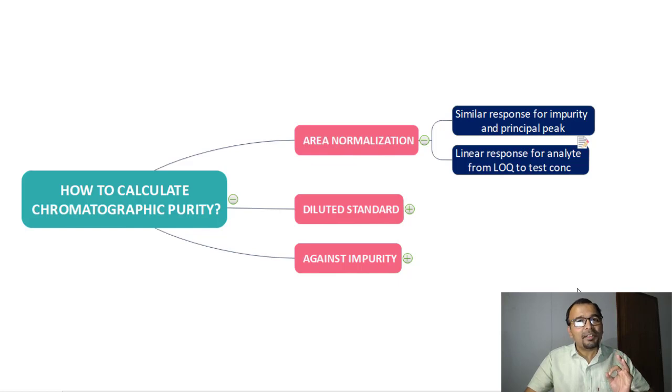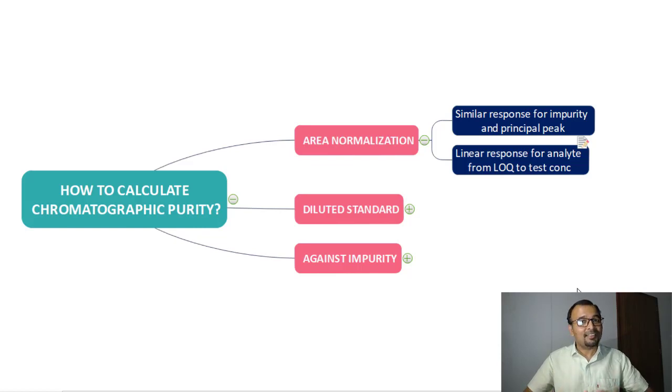There must be a similar response for your impurities and the analyte or the principal peak or the API. And the second one is that your response for the analyte peak must be linear from limit of quantitation concentration to the test concentration. So if these two requirements are met, you can happily use the area normalization technique for calculation of chromatographic purity.